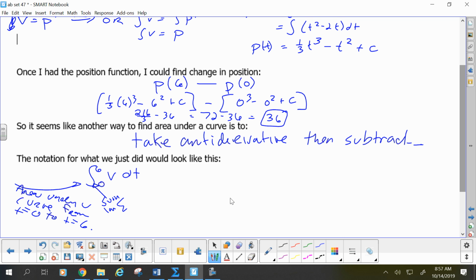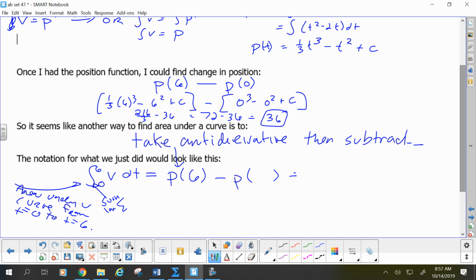That stands for an infinite sum of many rate times time calculations, yeah? Now we just said that that's equal to the antiderivative, which is position, and subtract. So when we took the antiderivative of velocity from 0 to 6, we added all those rate times time calculations, or summed them.